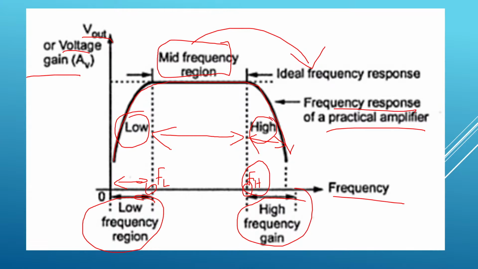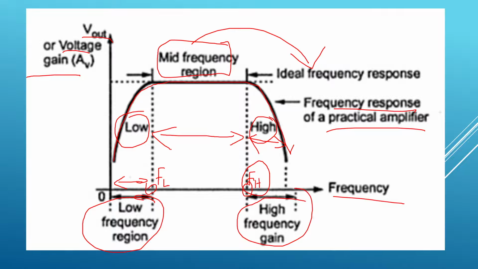As the frequency increases within this range, the reactance of the coupling capacitor gradually decreases and tends to increase the gain. As the reactance decreases, the gain will gradually increase.